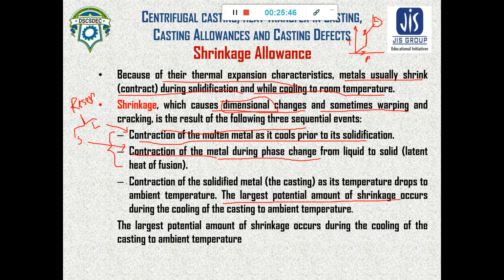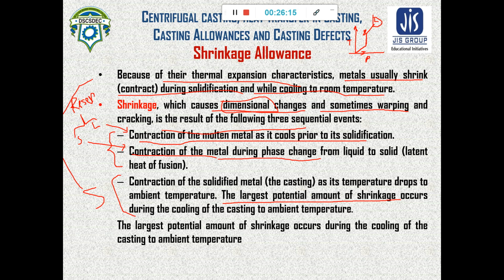While it comes to the ambient temperature, at that time one shrinkage is there, and that shrinkage, the solid shrinkage, is the largest potential amount of shrinkage. So this solid shrinkage is taken care of by using shrinkage allowance.